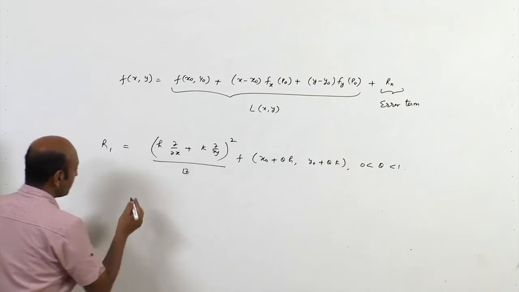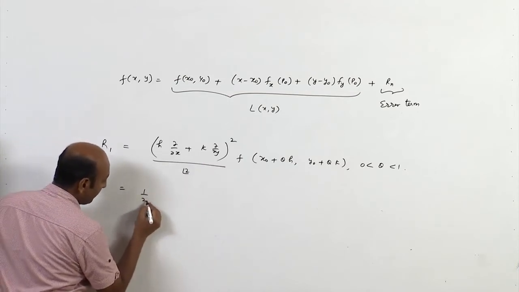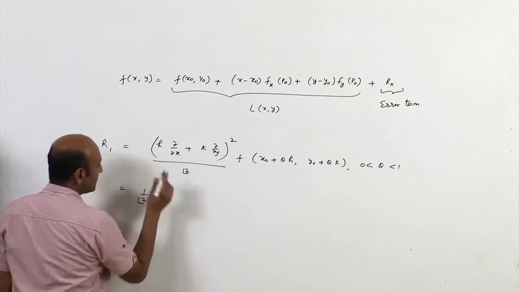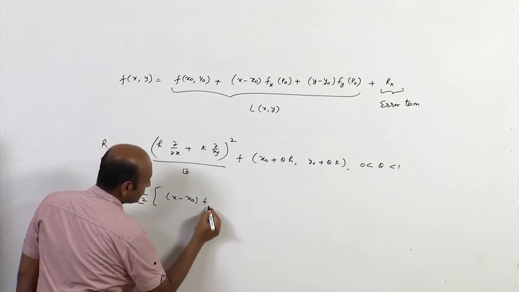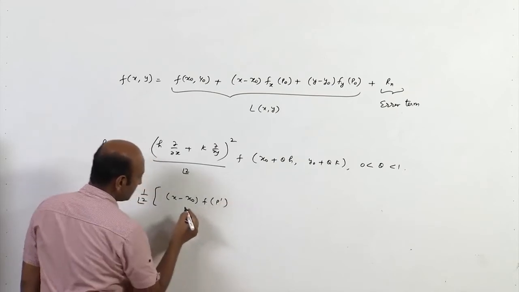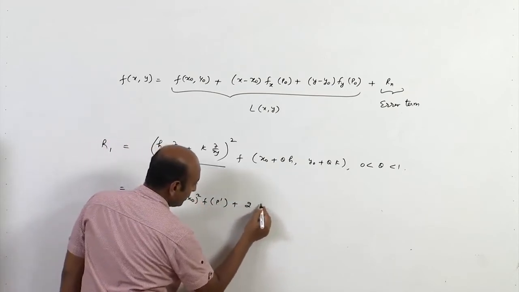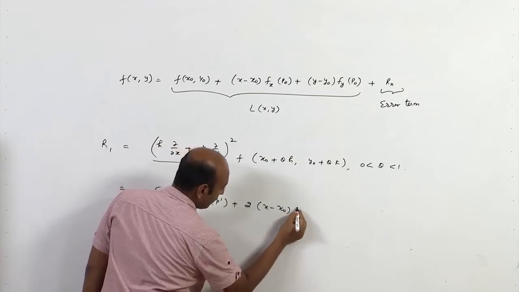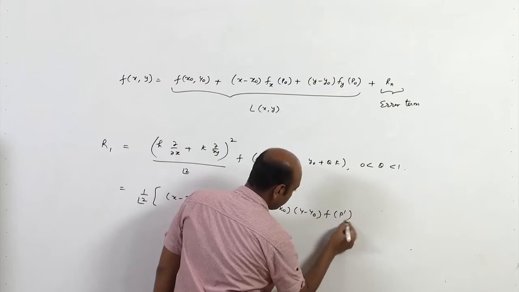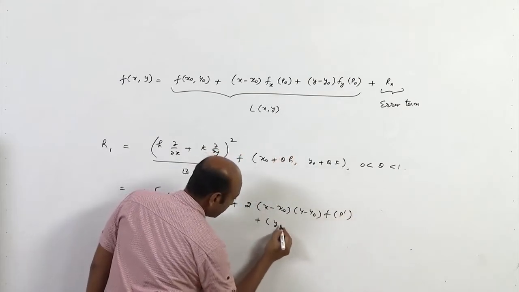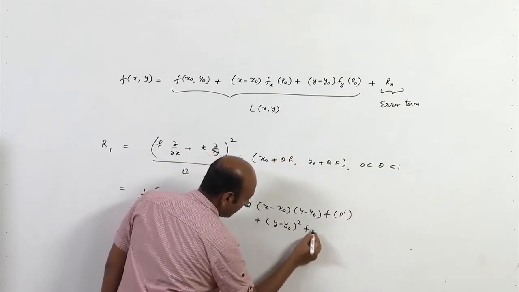Now, when you open this, it is 1 by factorial 2, h is x minus x naught, it is f at, say, p dash, plus 2 x minus x naught y minus y naught f at p dash plus y minus y naught whole square f at p dash.